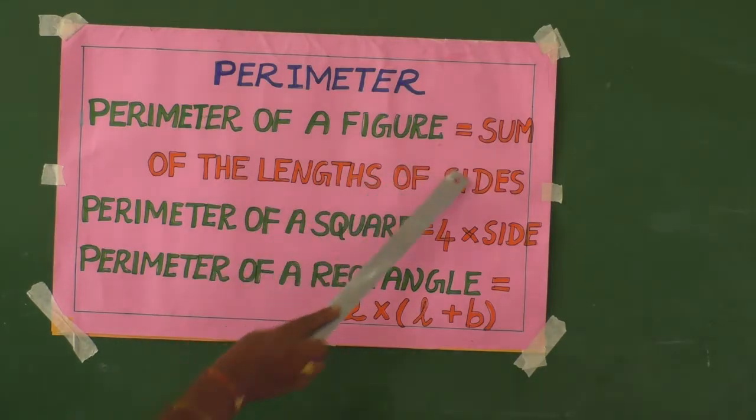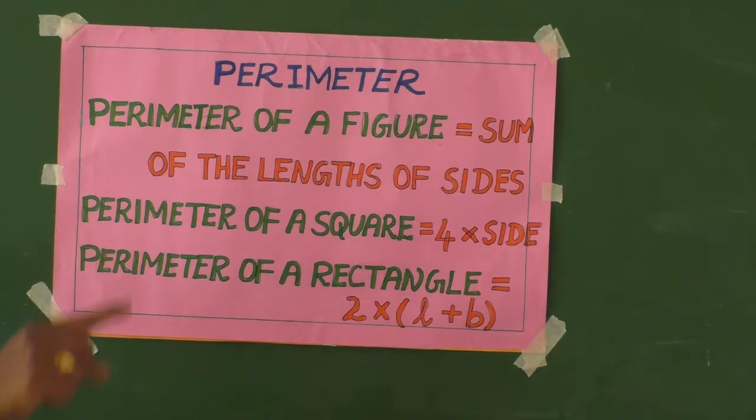If you add the lengths of all sides, we can get the perimeter. That's why I told you it's the boundary of the figure. Otherwise, in some sums we can use the formula also.